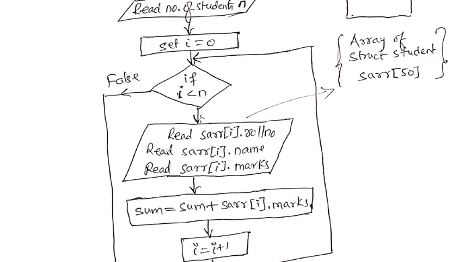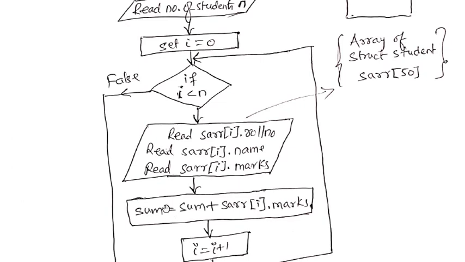If the answer is true, we are going to read sarr of i dot roll number, dot name and dot marks, where sarr is the array of student. Sarr of size 50 is the maximum size, and after reading this, sum is equal to sum plus sarr of i dot marks.